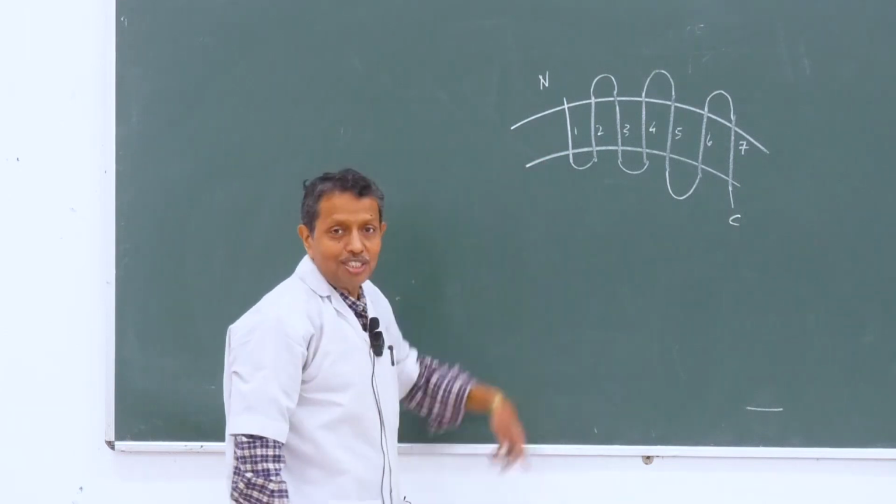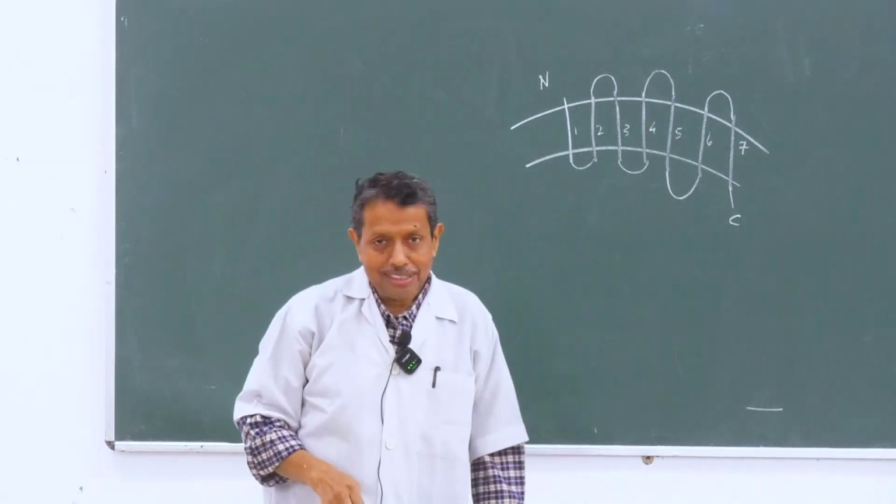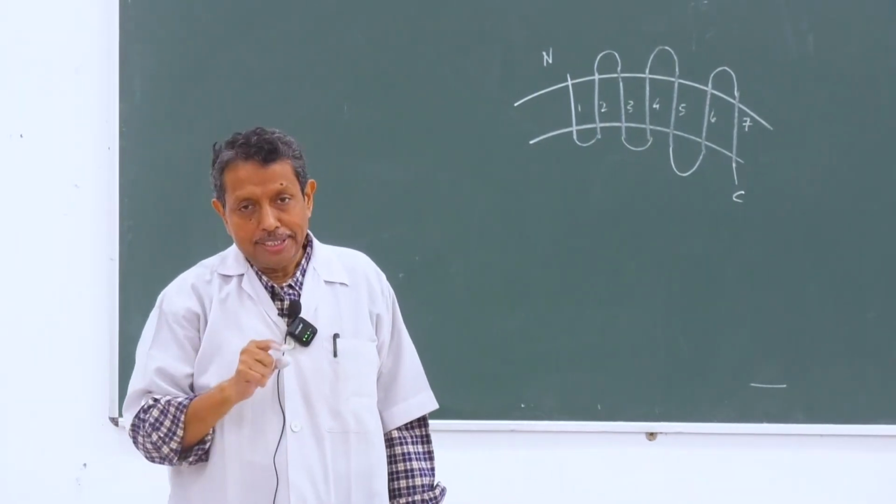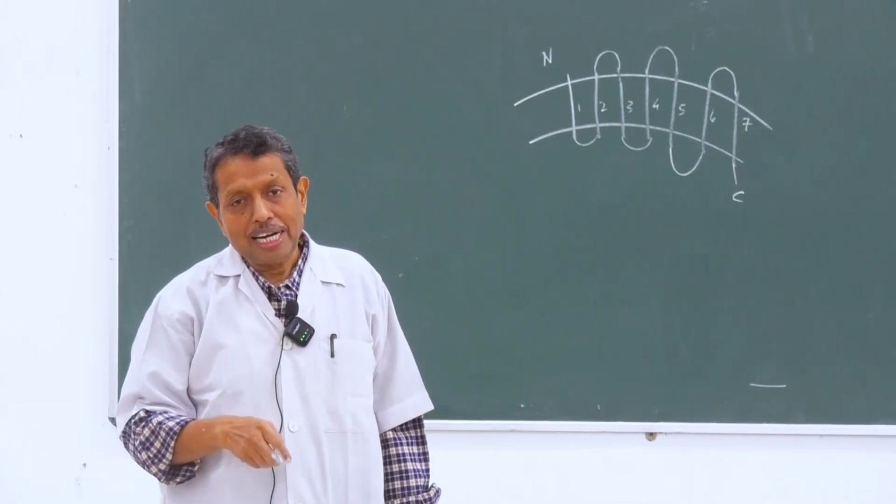A single line doesn't mean a single chain of amino acids. There may be a good number of amino acids within this, in an alpha helical pattern also.